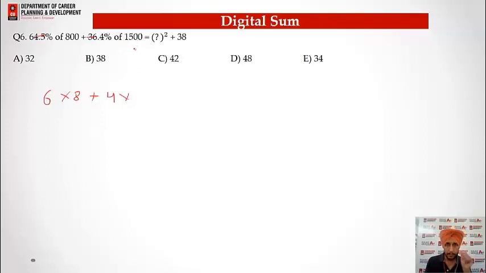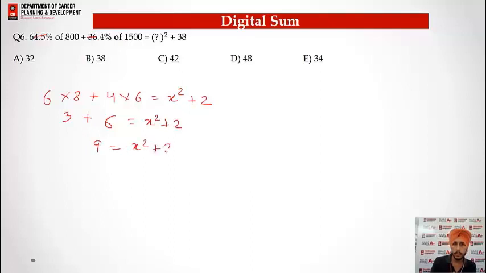Digital sum of 1500 will be 6 is equal to x square plus 8 plus 3 is 11, that is 2. So 8 6s are 48. 48 is 12. 12 is 3 plus 6 into 4 is 24. 24 is 6 is equal to x square plus 2. 6 plus 3 is 9 is equal to x square plus 2. So this is our final equation.